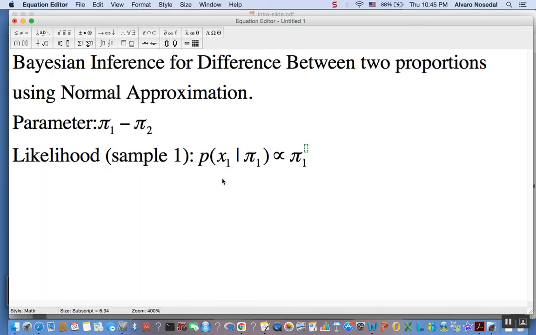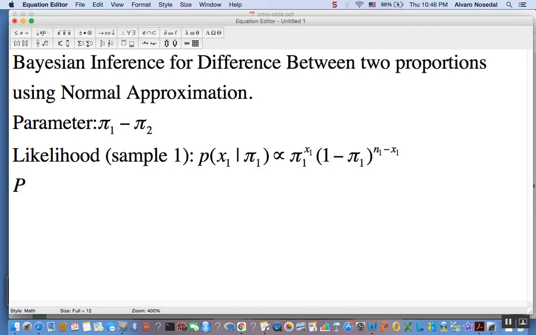That would be the number of successes that we observed for our first sample. Then 1 minus pi 1 to the power n1 minus x1. So we observed x1 successes and n1 minus x1 failures. So that's the likelihood.